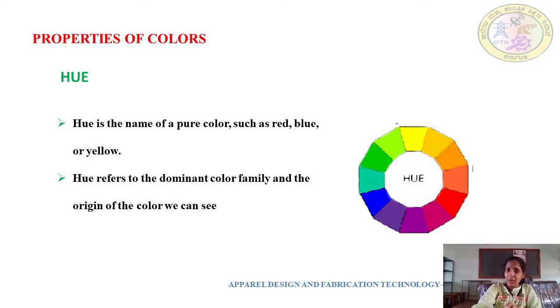By using the pure hue, we can change the color value, and we can add brightness or decrease the hue quality. We can use the pure color or we can change its intensity also to use in our clothing.